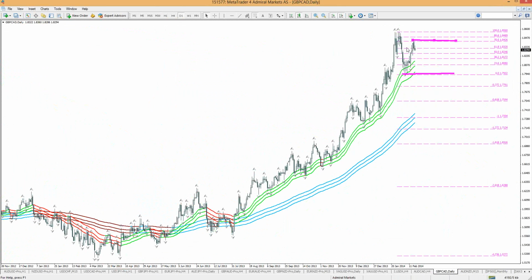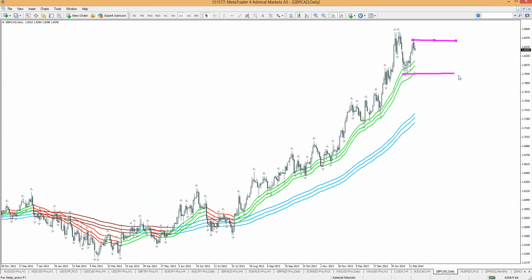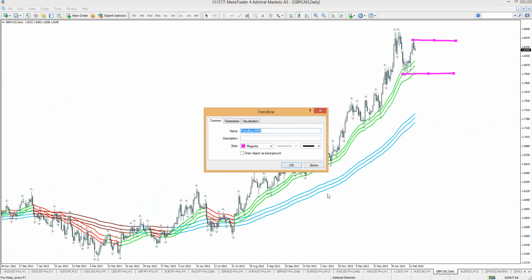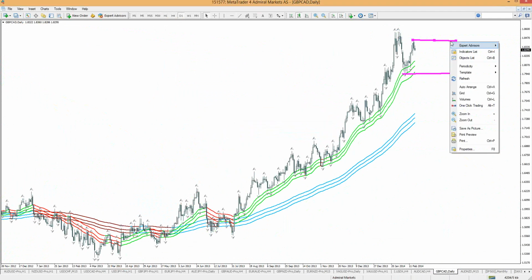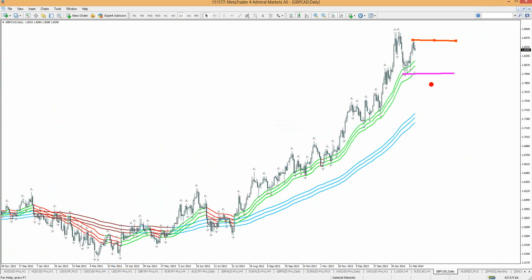Let me change the upper one into orange. So if we break below magenta, we have the potential to go to the minus 618 target, first stopping at the minus 272, and then probably using the blue moving averages as a bouncing spot, and this consolidation here.